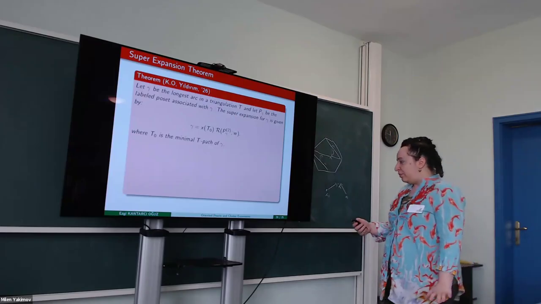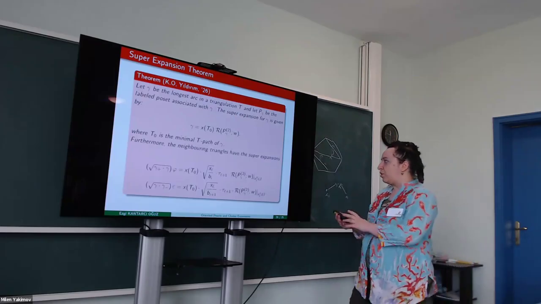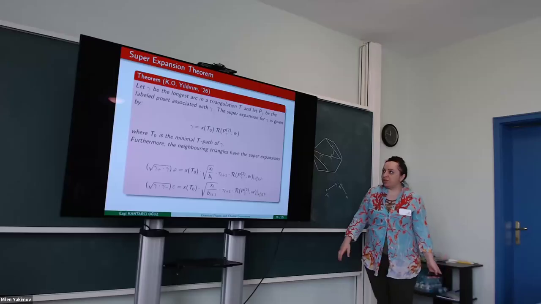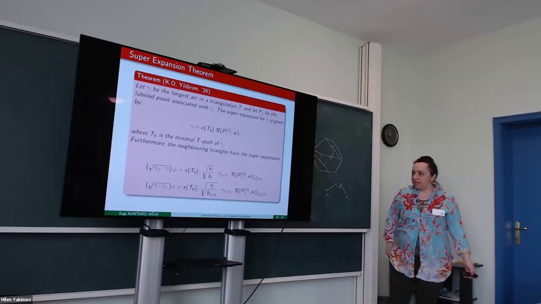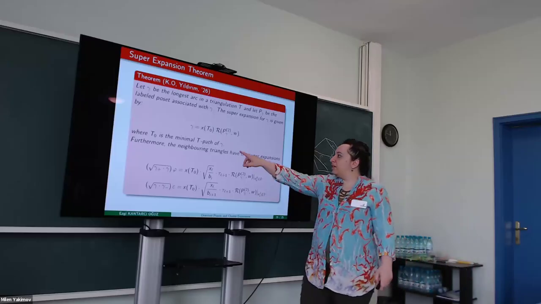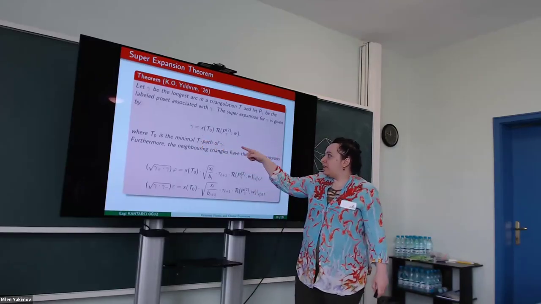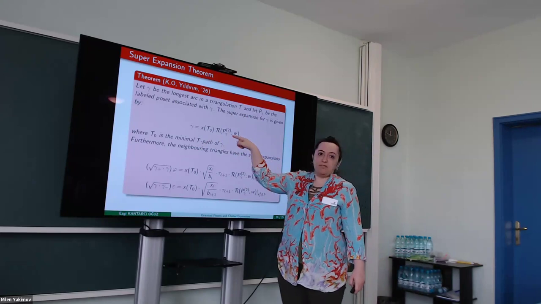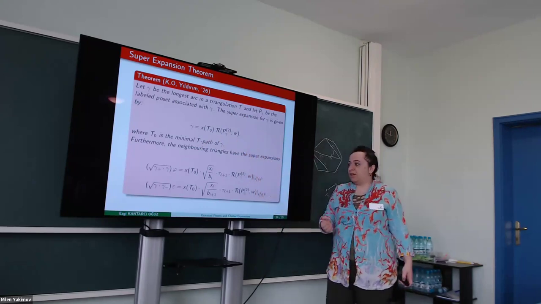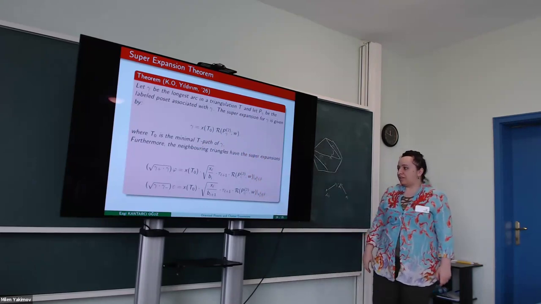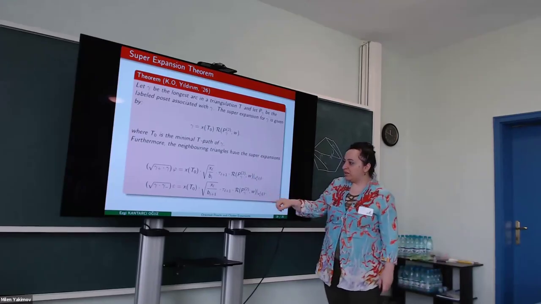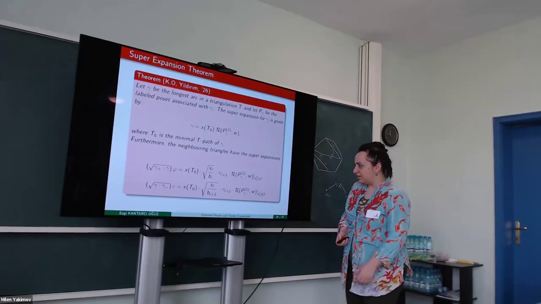So with that, we were able to give the analog of our theorem for the super case. This is the new one. The one for the arc is the same. What changed is the posets changed. And we also have these formulas for the neighboring triangles.